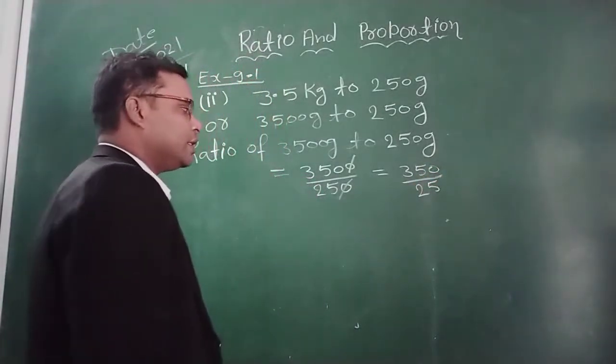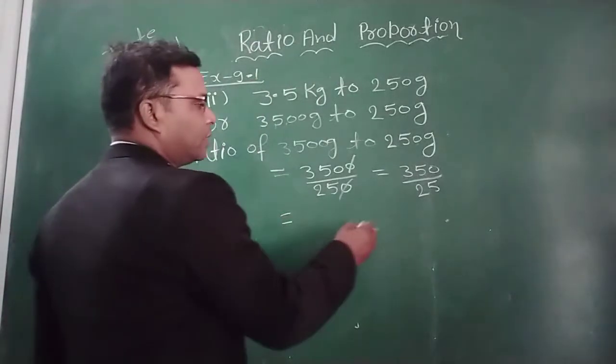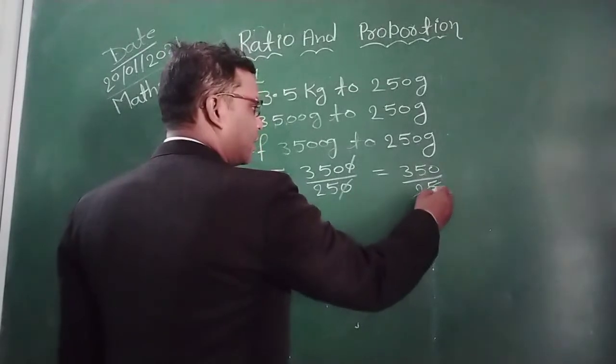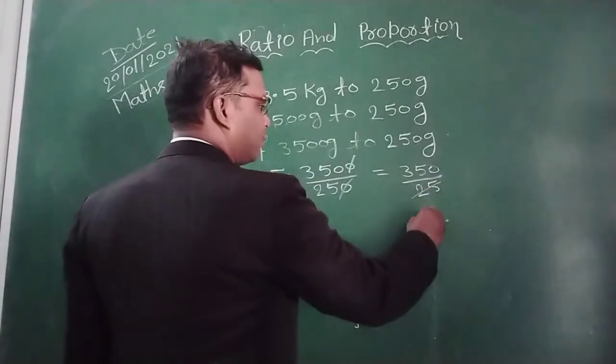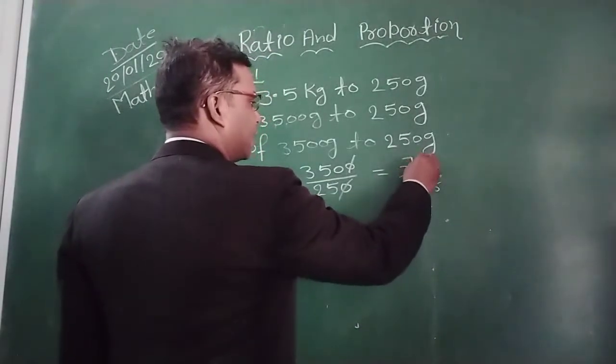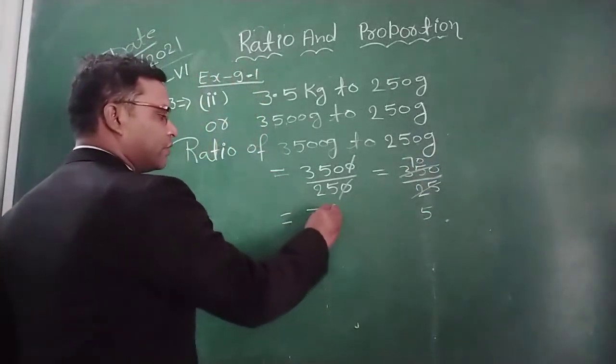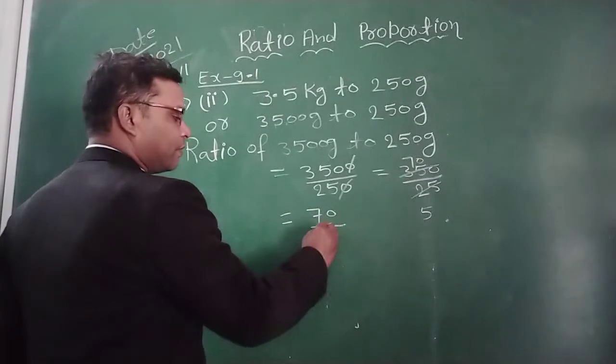If you divide both by 5, then 5 in 25 is 5 and 5 7s are 35, so here we have 70 by 5.